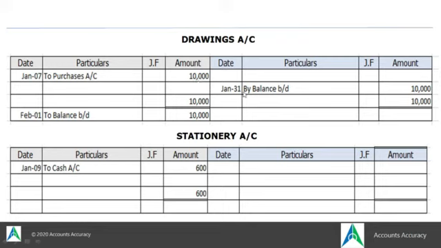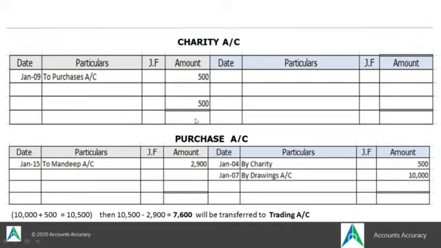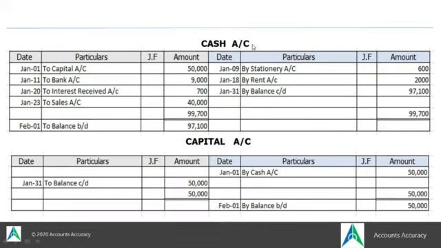Now totaling of both sides will be done. Your balance is coming 10,000 because nothing is there at the right hand side. So on the 31st, the last day of the month, you will write by balance carried down, 10,000, which will be carried forward to the next month, that is February 1st. The balance brought down is brought diagonally from the left hand side to the right hand side.